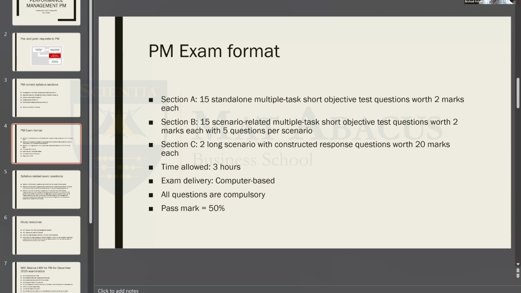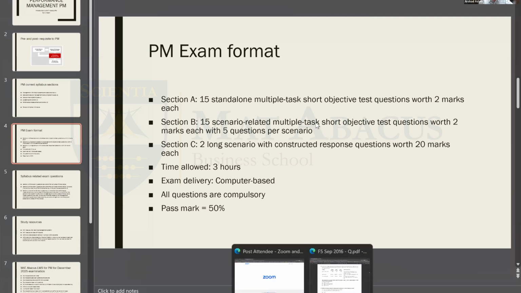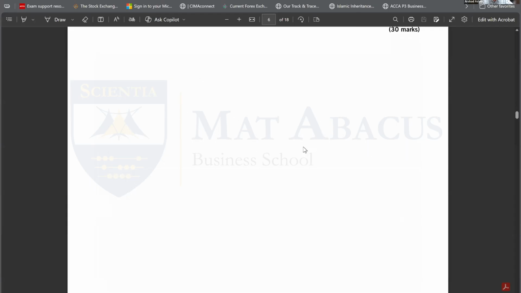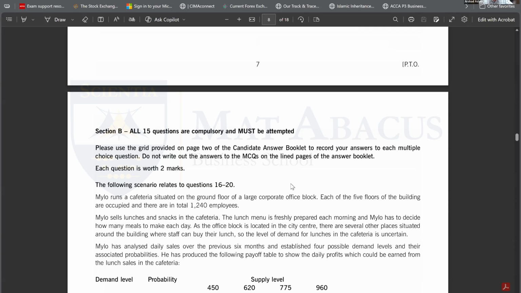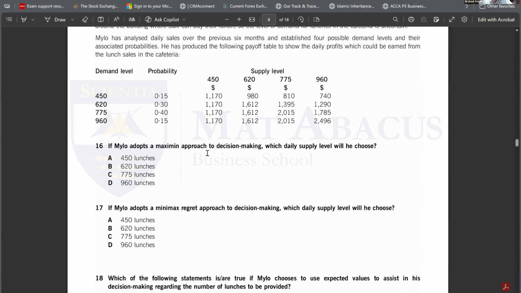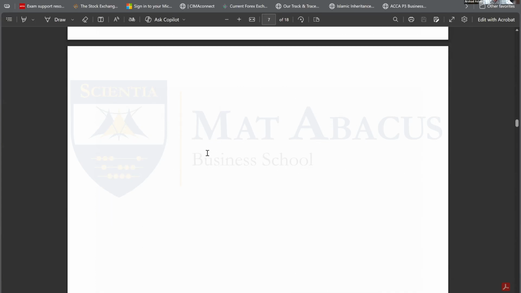Then you have a section B. You might say, oh, section B also got multiple tasks, short objective questions. So what's the difference? Why are they separated? The difference is that when you go to section B, you will find that, you see, this is section B. Instead of the question giving you the information, look at this one here.